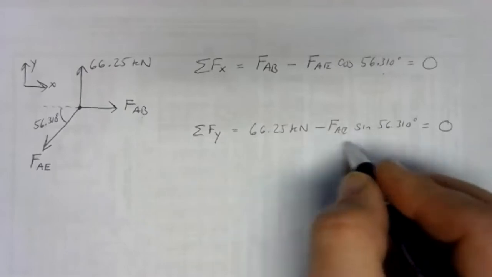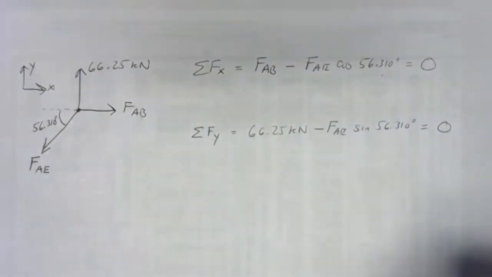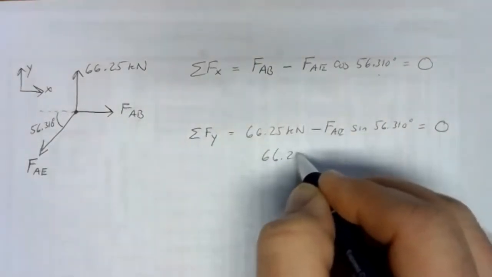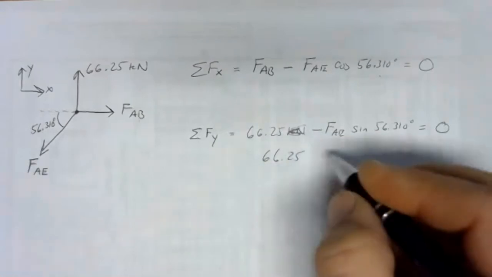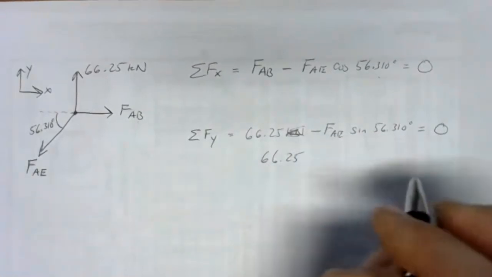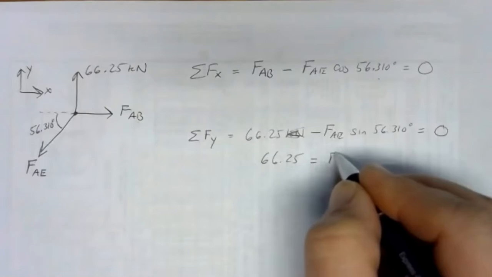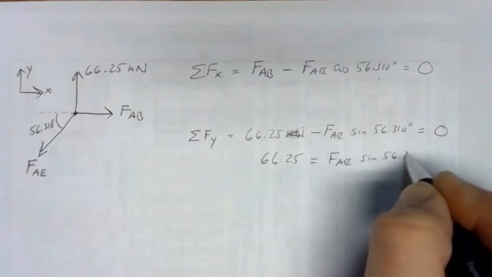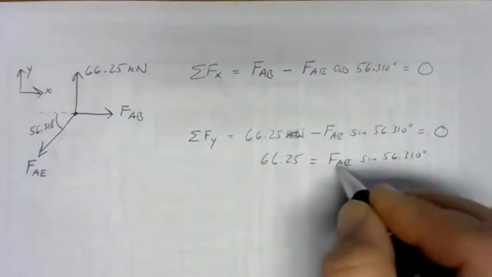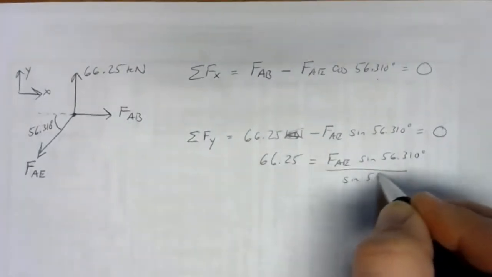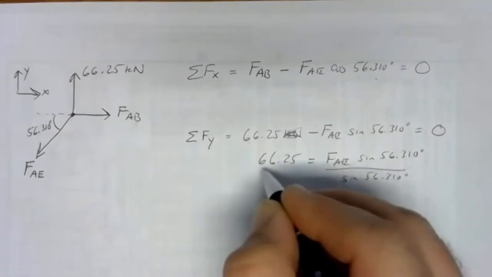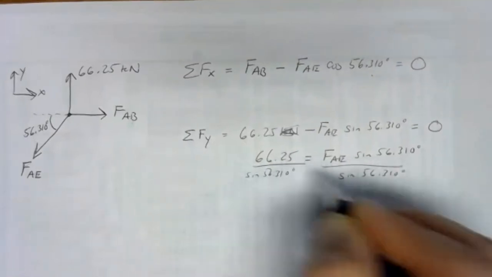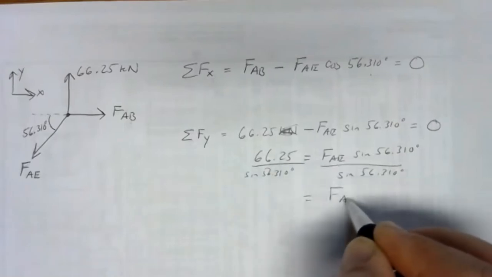If we add this whole term, FAE sine of 56.310, to both sides, we'll have 66.25 equals FAE sine 56.310 degrees. Divide both sides by that sine, and that'll give us our value for FAE.